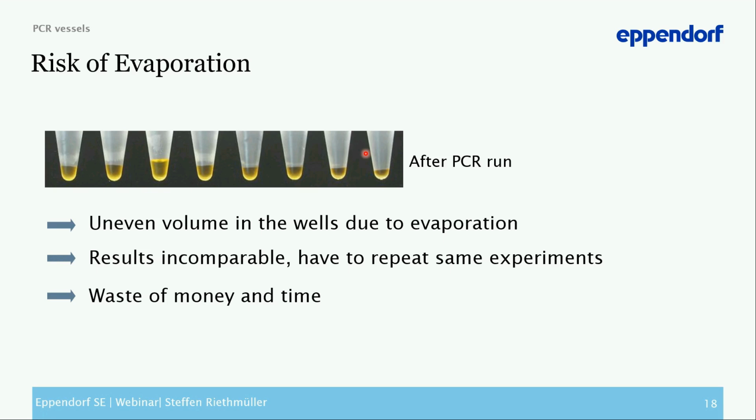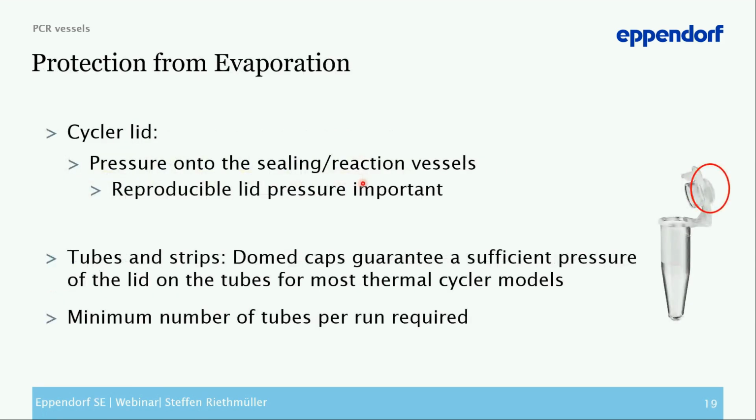And this, of course, is waste of money and time. So what could we do to avoid evaporation? First of all, the pressure of the cycler lid is very important. The pressure should be reproducible and high in order to avoid evaporation.